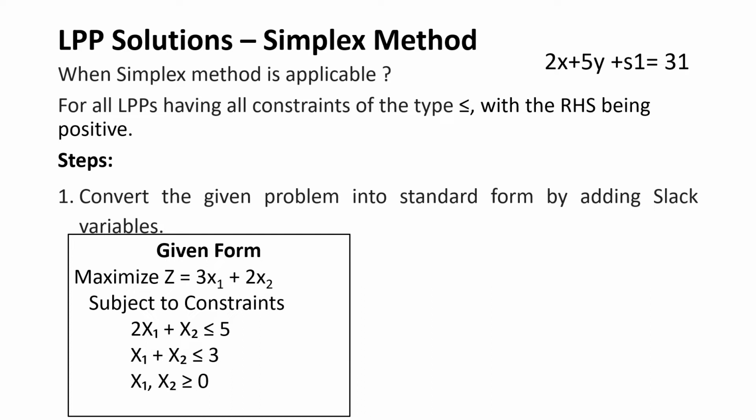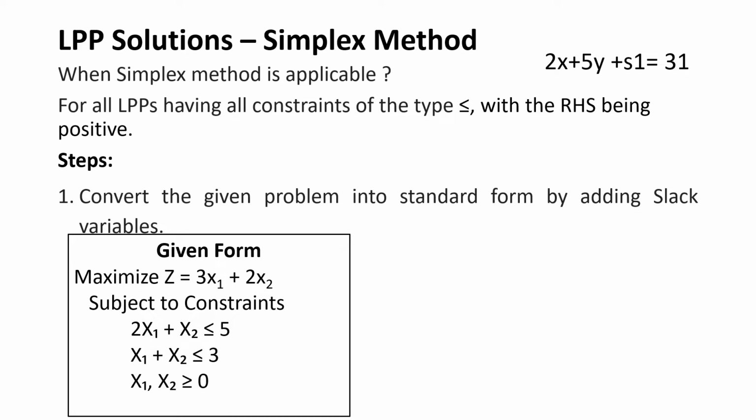Now, the first question that comes to our mind is when the simplex method is applicable. The simplex method is applicable for all LPPs having all its constraints of the type less than or equal to, with the right hand side being positive. This is a very important point to be considered. First, we have to make the right hand side of all the constraints positive.